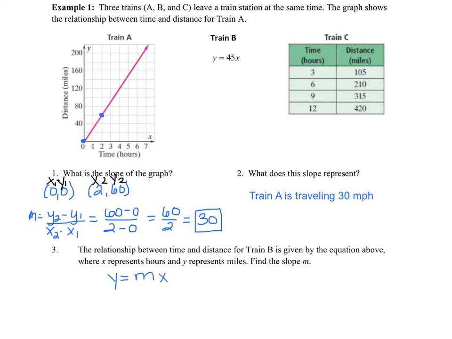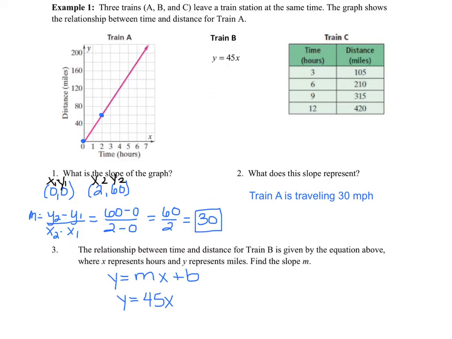Now, if you recall, it says where x represents your hours, so your x is your input, and y represents your miles. Your y is your output. And the equation is telling us y equals 45x. Okay, we found that equation because it's given to us right up here.